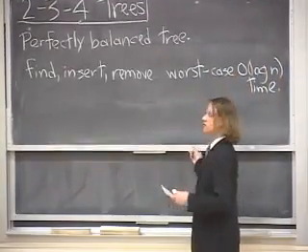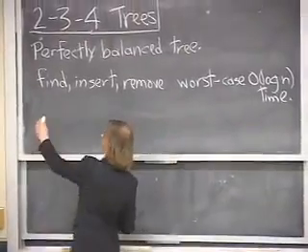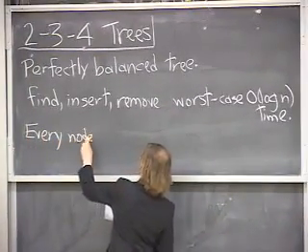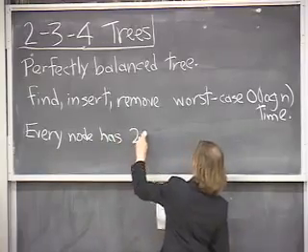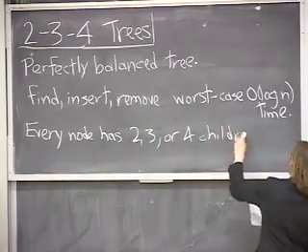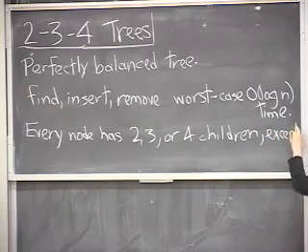Now, 2-3-4 trees are not binary trees. They are trees in which every node has either 2, 3, or 4 children. Except, of course, the leaf nodes.